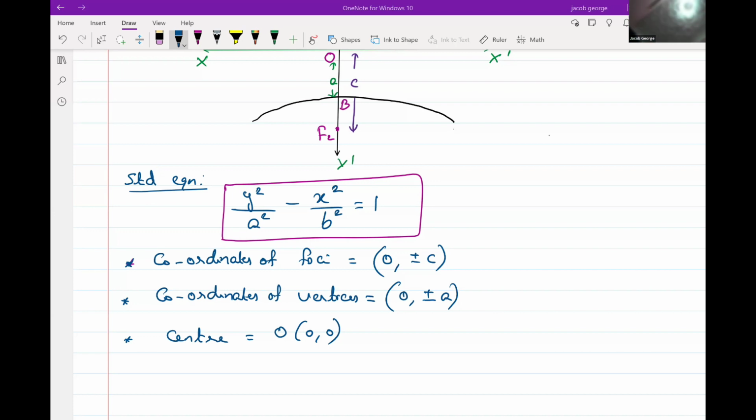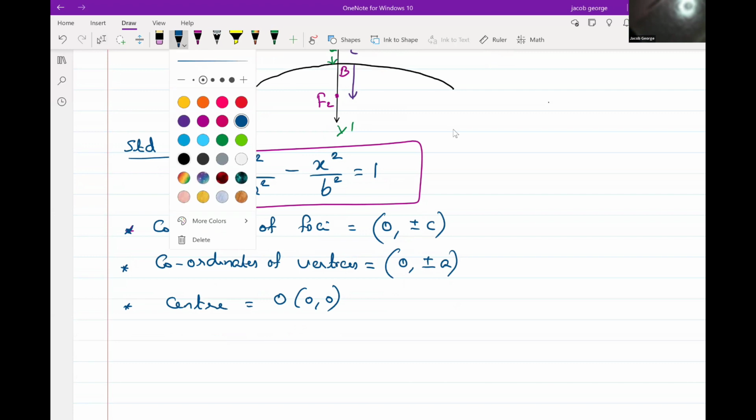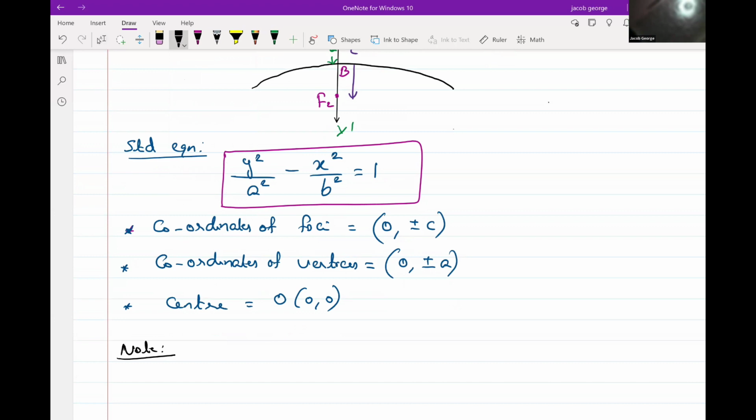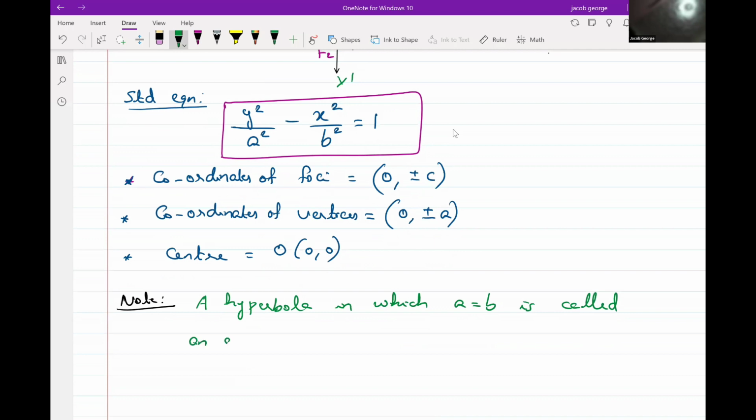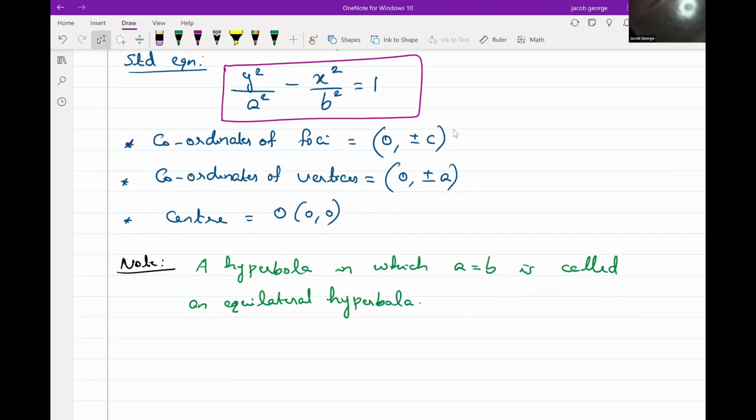So please write this as a special note: a hyperbola in which A is equal to B is called an equilateral hyperbola.